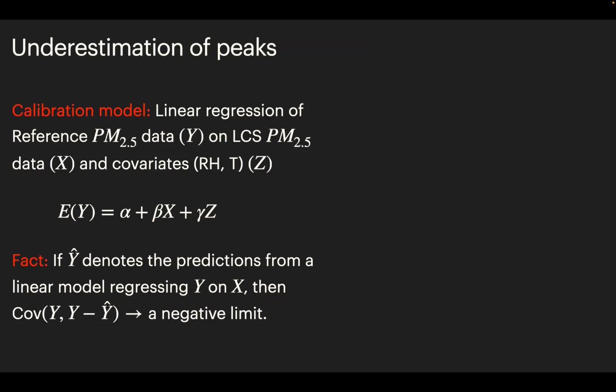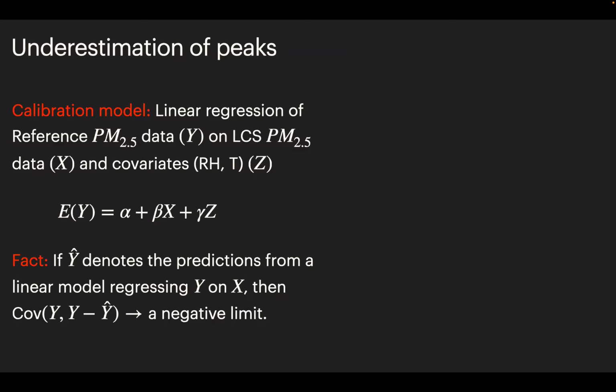So we tried to understand this a little more from a basic mathematical perspective. Let's revisit what we were doing. This was our calibration model. We were regressing our reference data on the low-cost data and the covariates.